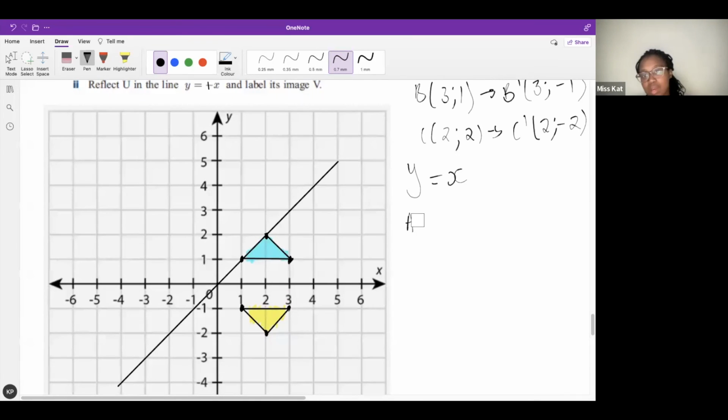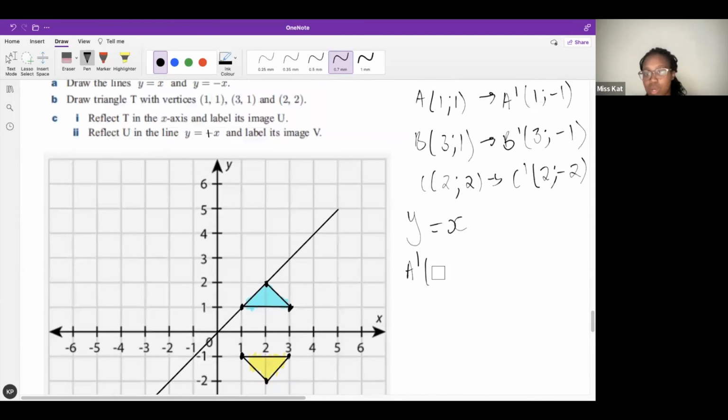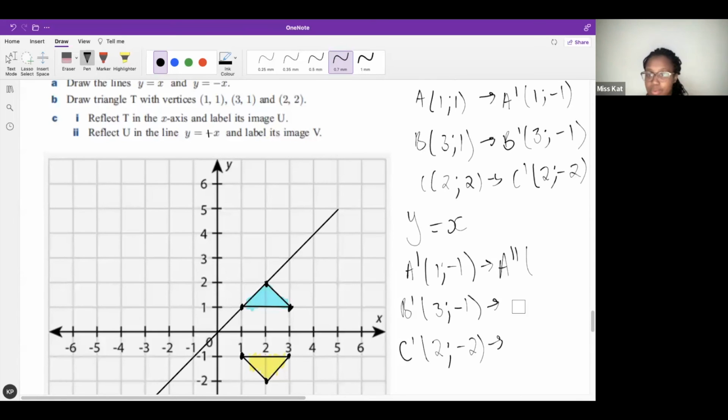So we had A prime, which was 1 and -1. B prime was 3 and -1. And C prime was 2 and -2. So now we have A prime prime.